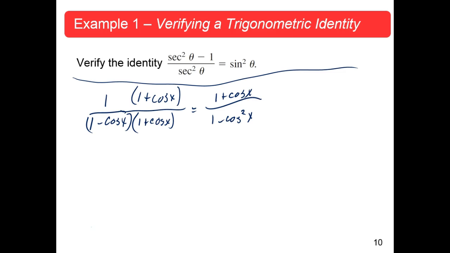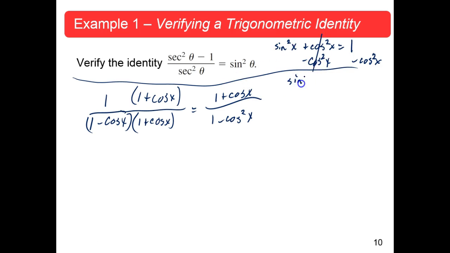Now you just did it before you came in. What was your Pythagorean identity you're trying to use? The most common one. Okay, sine squared x plus cosine squared x is always equal to 1. So to get this to look like that, let's subtract cosine squared x from both sides. These go away.